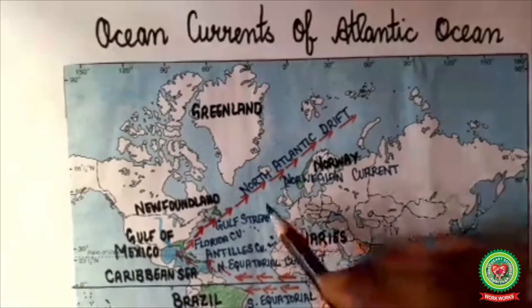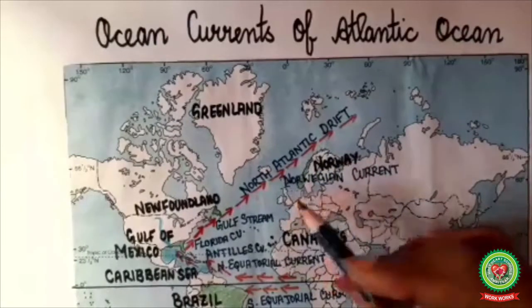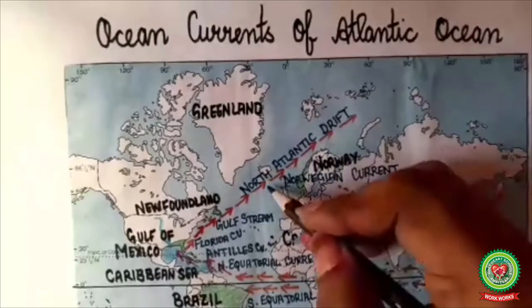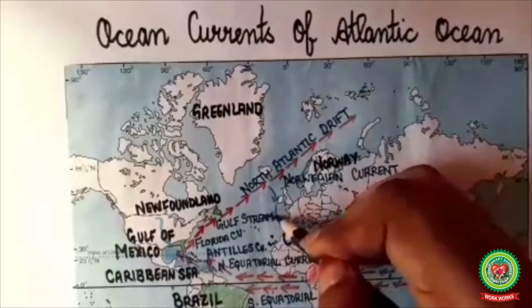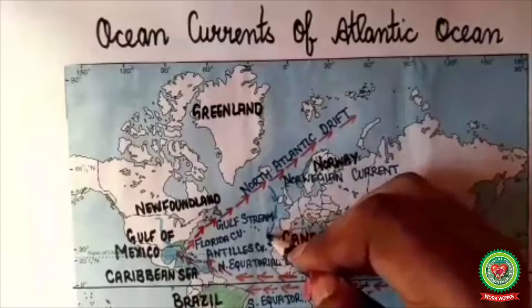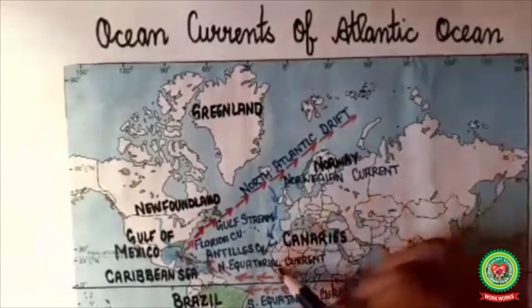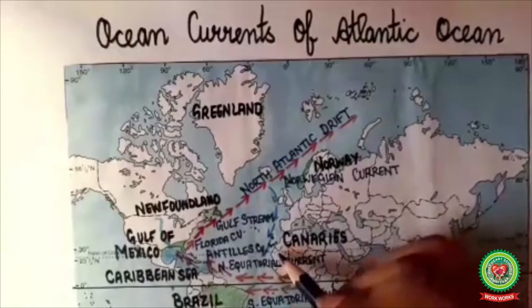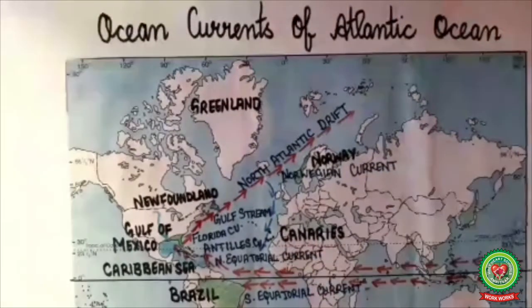One part of the North Atlantic Drift strikes the British Isles, that is UK and Ireland, and it moves southwards as a cold current. When it reaches the northwestern part of Africa, it is called the Canaries current because it reaches the Canary Islands. So it is named after the island, that is Canary.